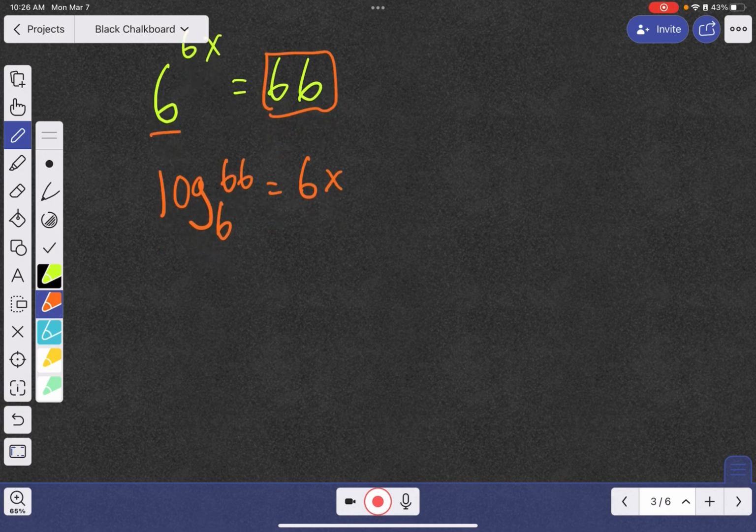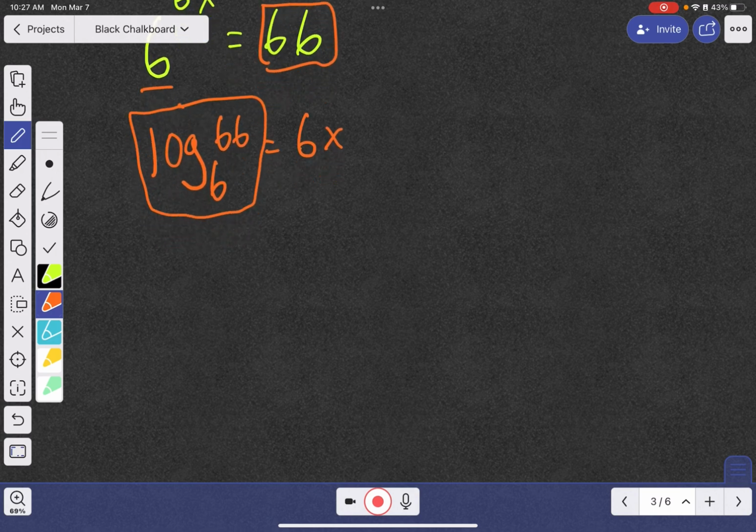Now we can use the change of base formula because we've got log base 6 of 66. We can use the change of base formula to say that's equivalent to the log of 66 divided by the log of 6. And that has to equal 6x still.